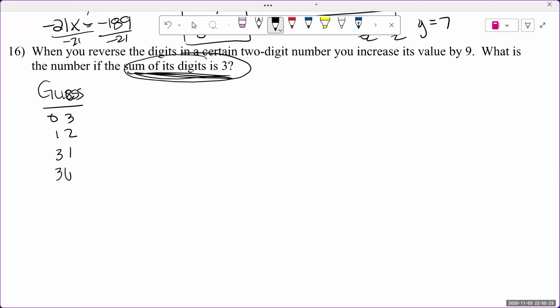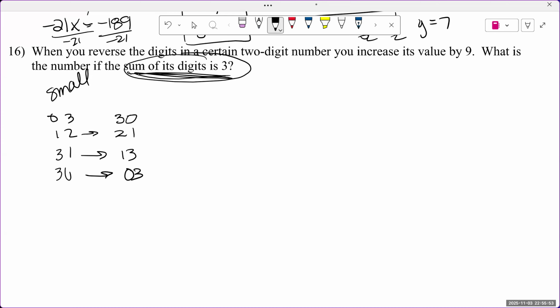Okay, so this is the small. When you reverse the digits, it increases the value by 9. So this would be 3, 0, 2, 1, 1, 3, 3, 0 becomes 0, 3.